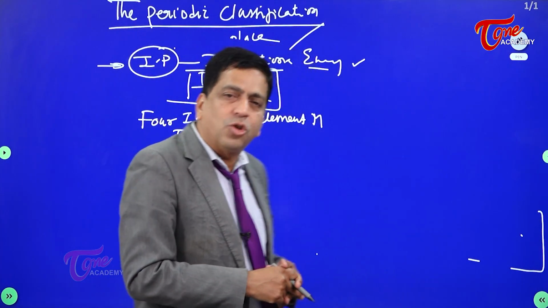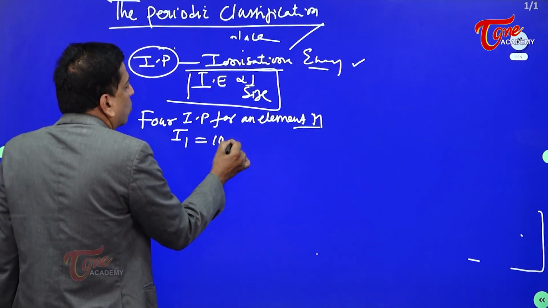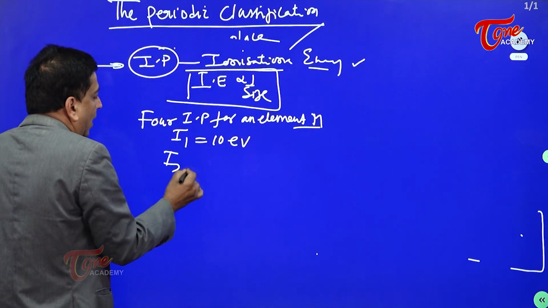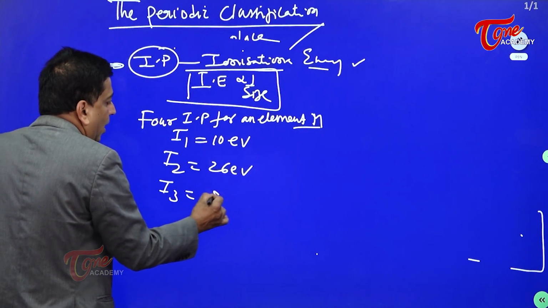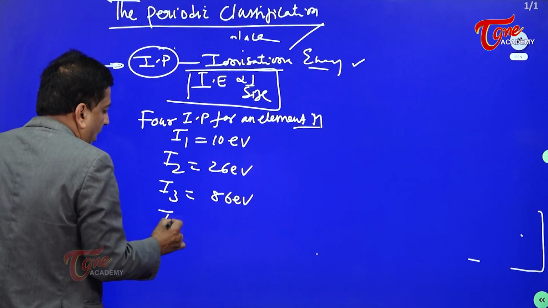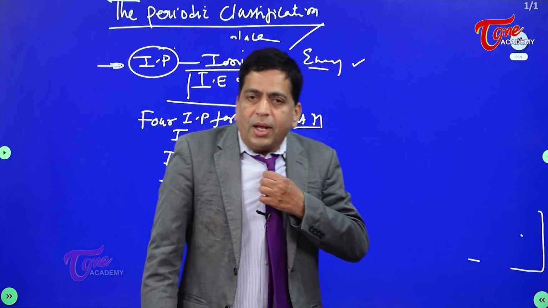For example, if I can illustrate very quickly for you, for an element M, I1 is 10 electron volts, I2 is 26 electron volts, I3 is 86 electron volts, and I4 seems to be 500 electron volts. So he has given 4 IP values.